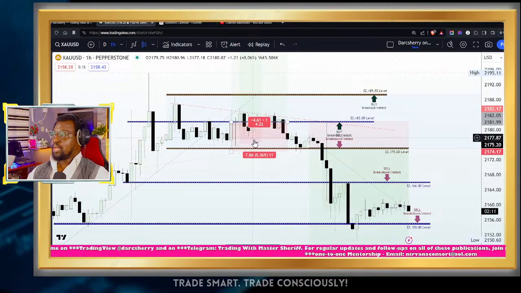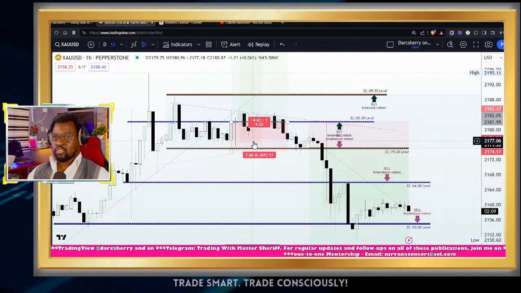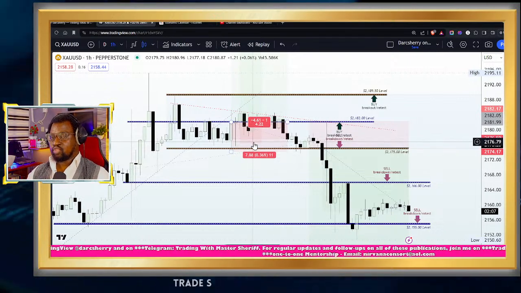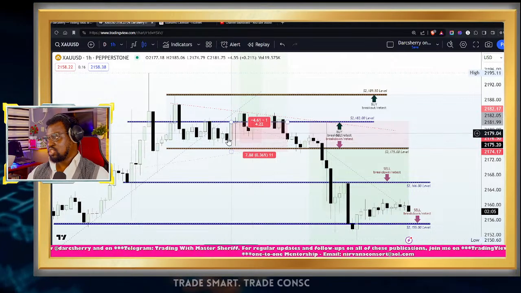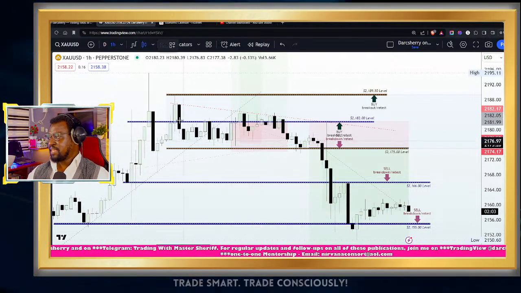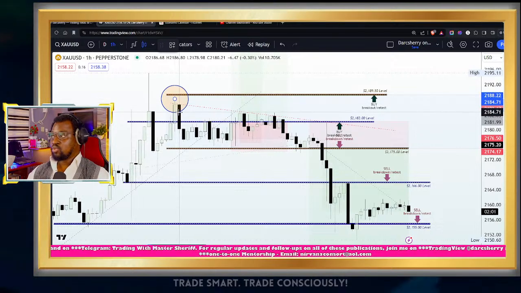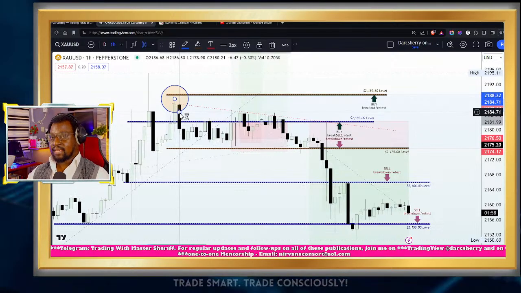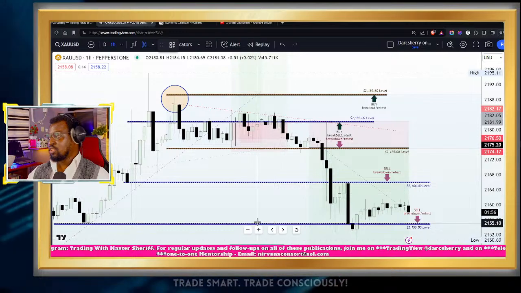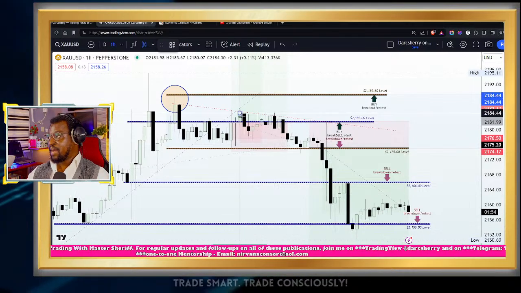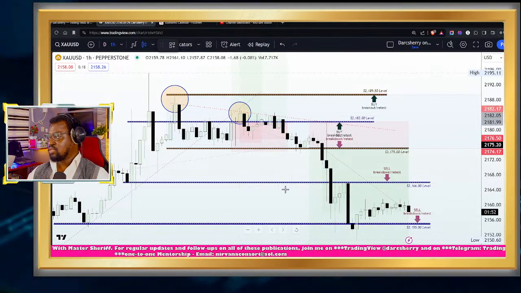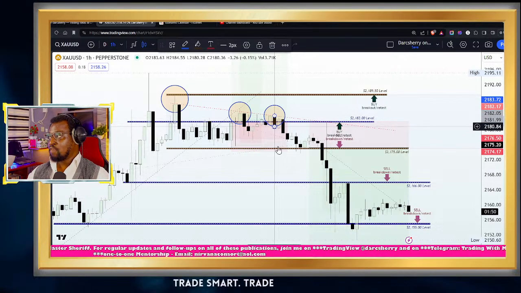Now, during our live session yesterday, I was beginning to suspect that sellers were trying to push price to the downside. As you will see, despite hitting a high here this week at the $2,189.50 level, the subsequent attempt by buyers to continue the momentum failed, as we continued to see a series of lower highs.